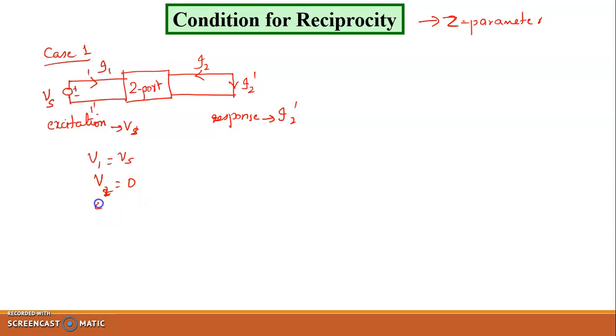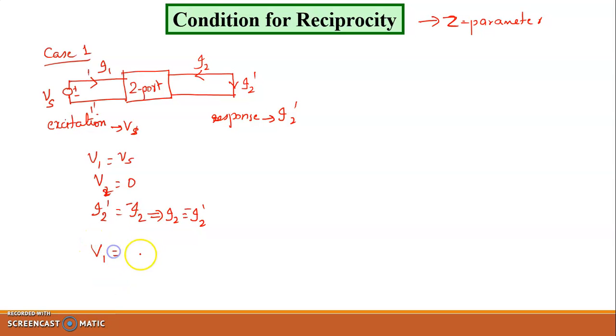I2 is the current flowing inward from the output port and I2 dash is the load current. Since there is no impedance between I2 and I2 dash, I2 dash is equal to minus I2, or I2 is equal to minus I2 dash.